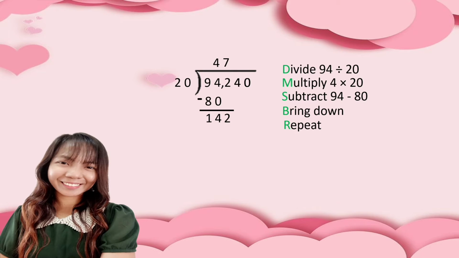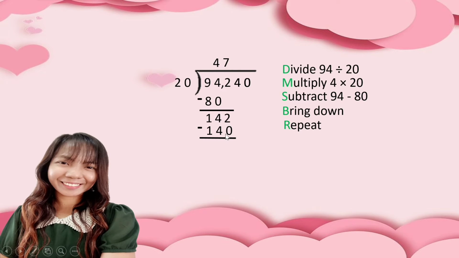Now, after division, multiply. 7 times 20. Again, 7 times 20. The answer is 140. After multiplication, subtract. So 142 minus 140.